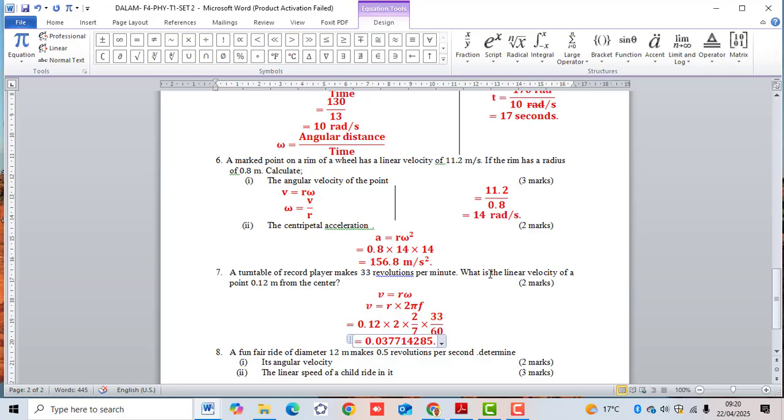Moses, I get 0.37714. Give me the complete answer on your calculator screen. 0.3771428571.